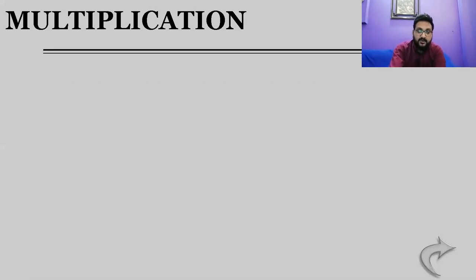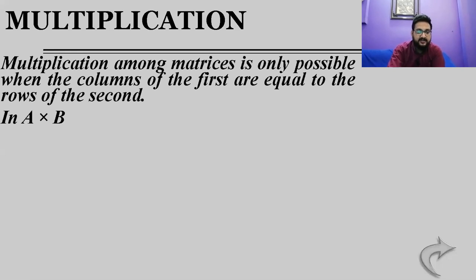First, multiplication among matrices is only possible when the columns of the first are equal to the rows of the second. See on your screen: columns of the first matrix are equal to the rows of the second.